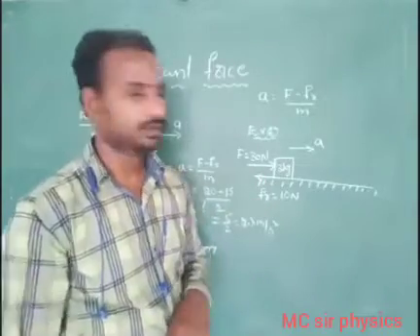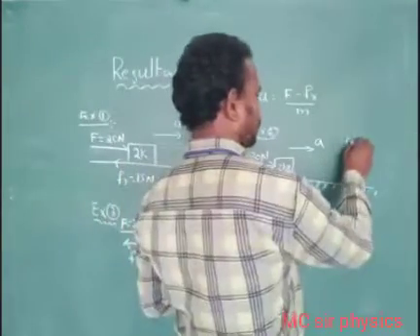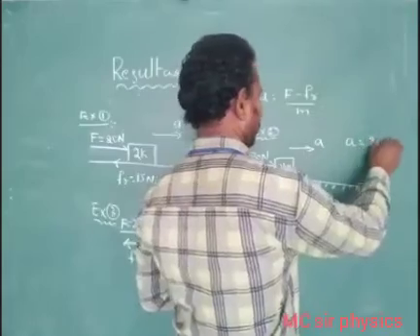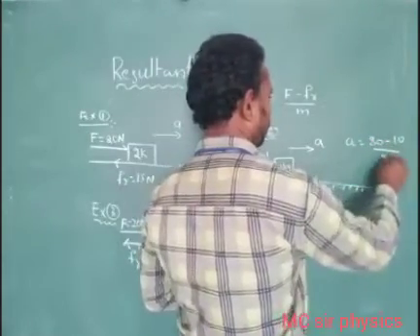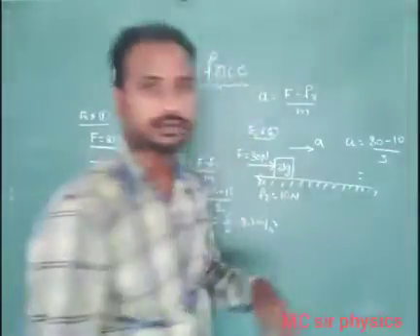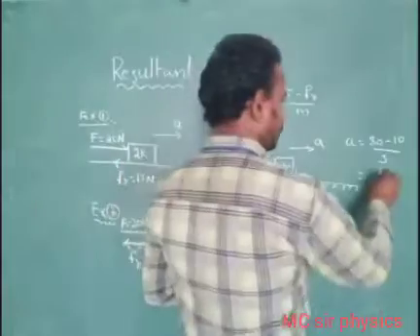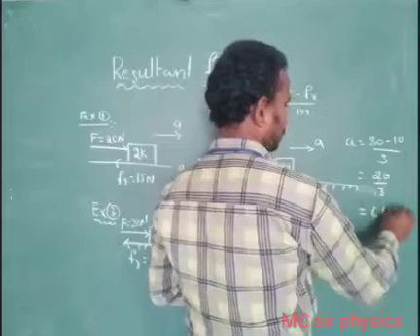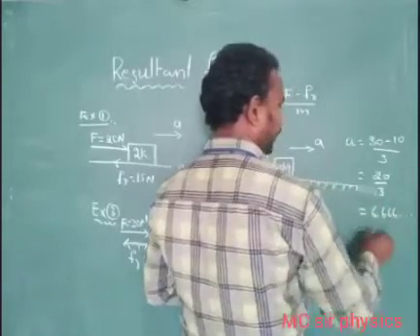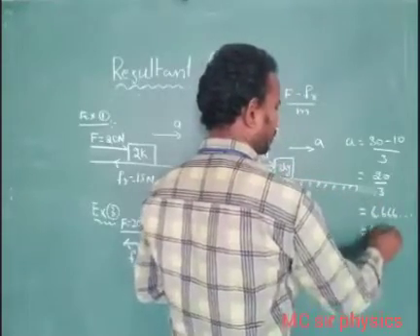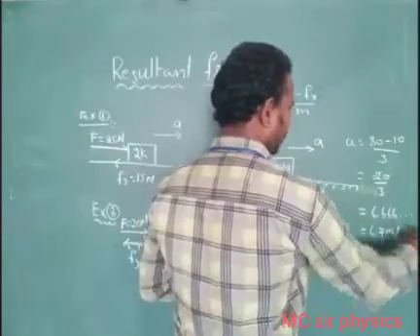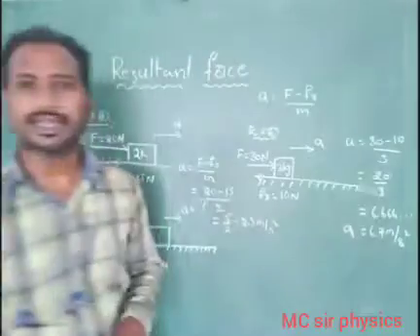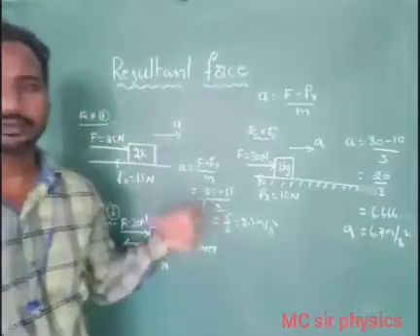Yes or no? So acceleration a equal to 30 minus 10 divided by 3, which is 20 by 3, 6.666. We write this value as 6.7 meter per second square. So the resultant acceleration is 6.7 meter per second square.